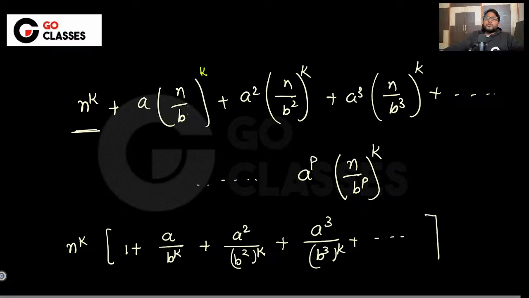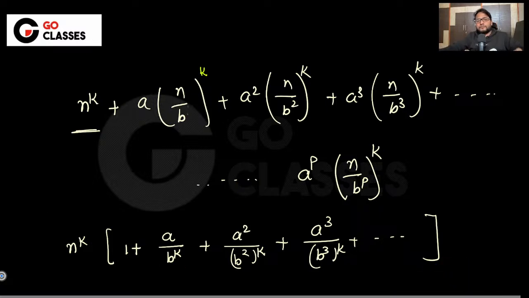You can understand that it is just like a GP. What is the common ratio here? This is going to be the common ratio. This is the GP that we have got.